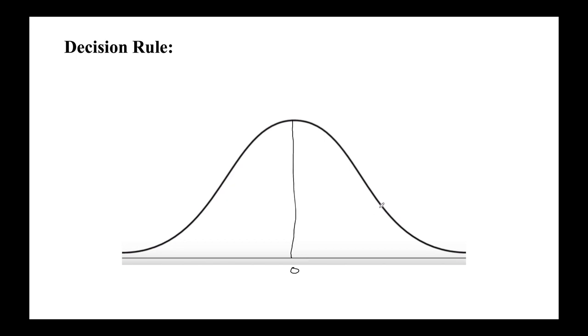So, let's have here 2.576 and another 2.576 dito on the negative side. And of course, this will be our rejection region. Okay, so we have rejection region here. So, this is the critical values.